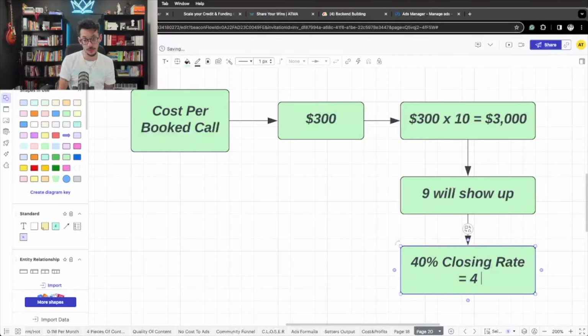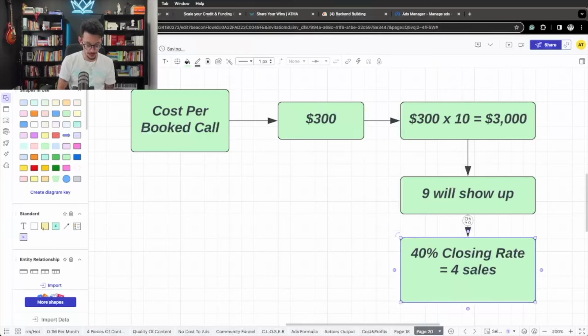It could actually be 4 or 5 closes. So 4 sales at 8K each. This is kind of what happens, right?